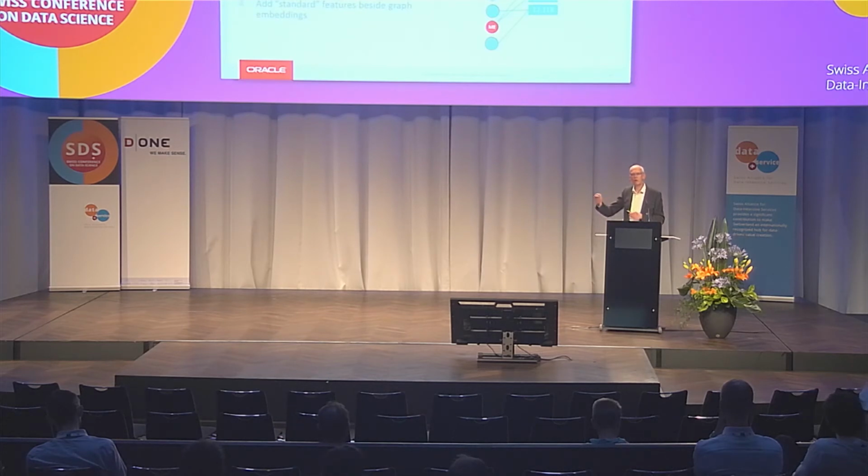So we used a convolutional neural network, trained on standard features which we derived from the information we had. That was the student age, the gender, the courses. From the courses, we also looked at the course description, so we did some more sophisticated natural language processing on the course description, trying to figure out key entities and so forth. We trained a neural network and tried to figure out, if I have a student associated with these courses, which is his major, or which department does he belong to?